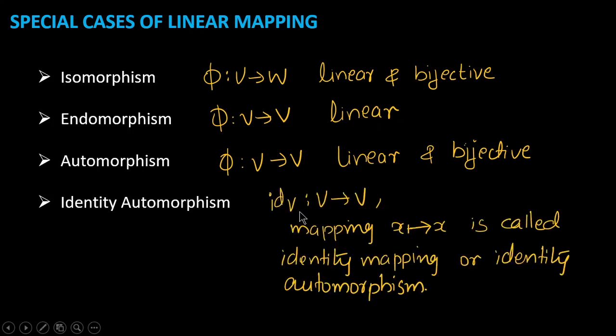And the identity automorphism is also from the same vector space to itself. It is a special kind of mapping, that is, mapping from one vector to itself. So that is called the identity mapping or identity automorphism. Okay, and isomorphism and all, you might be studying in graph theory and all.